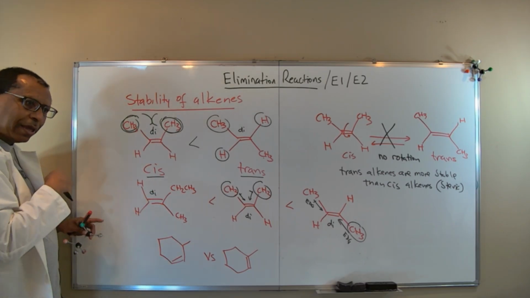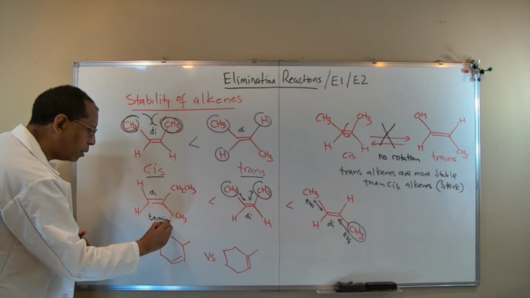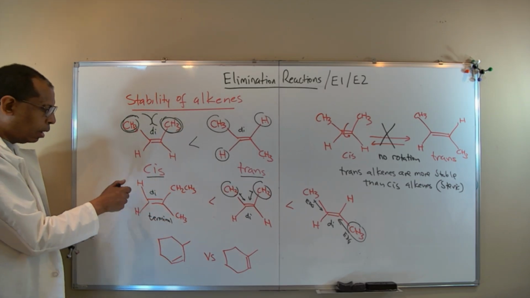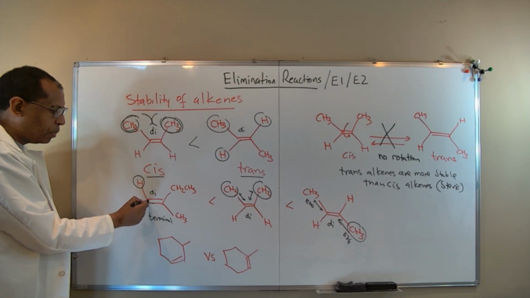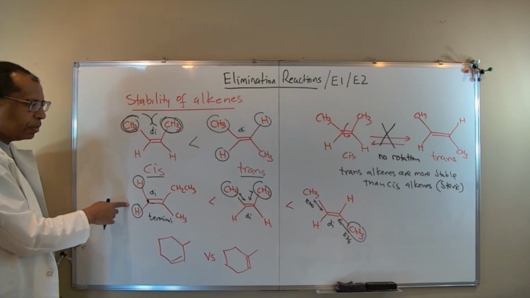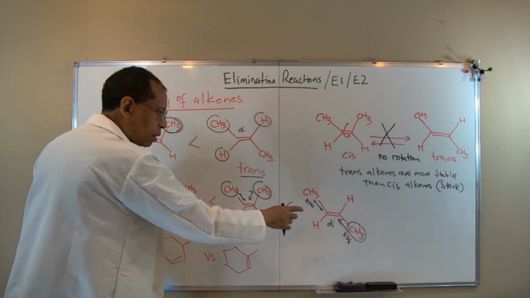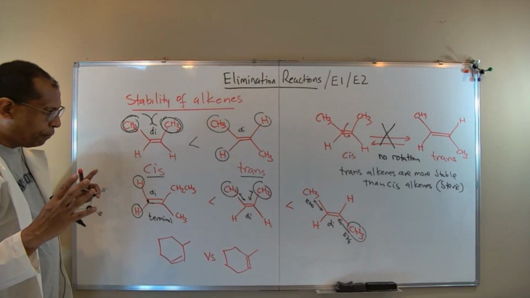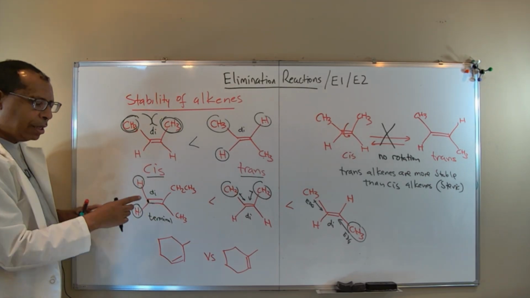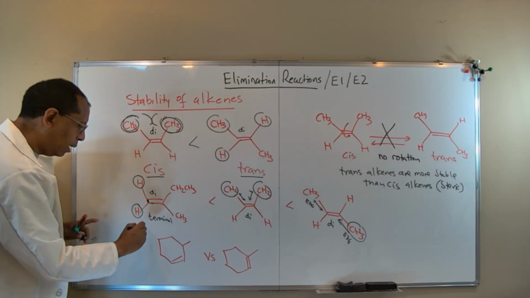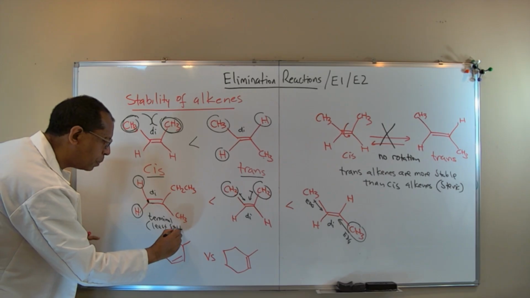This is terminal alkene. Terminal because the terminal point is not substituted. It's hydrogen-hydrogen. So terminal means the one position is just hydrogens. Here the substitution is at 2 positions. So if we compare the stability of this, the terminal alkene is much less stable, least stable than the internal alkene.